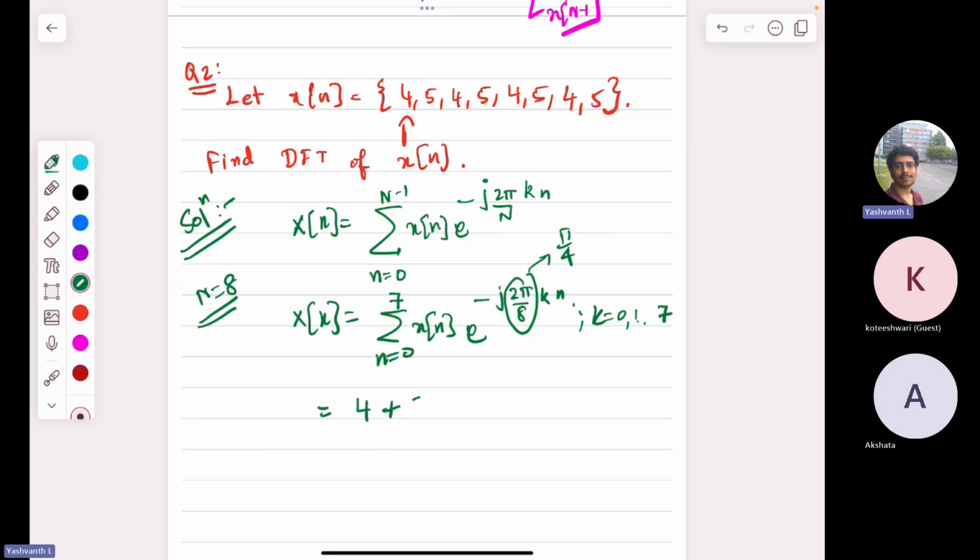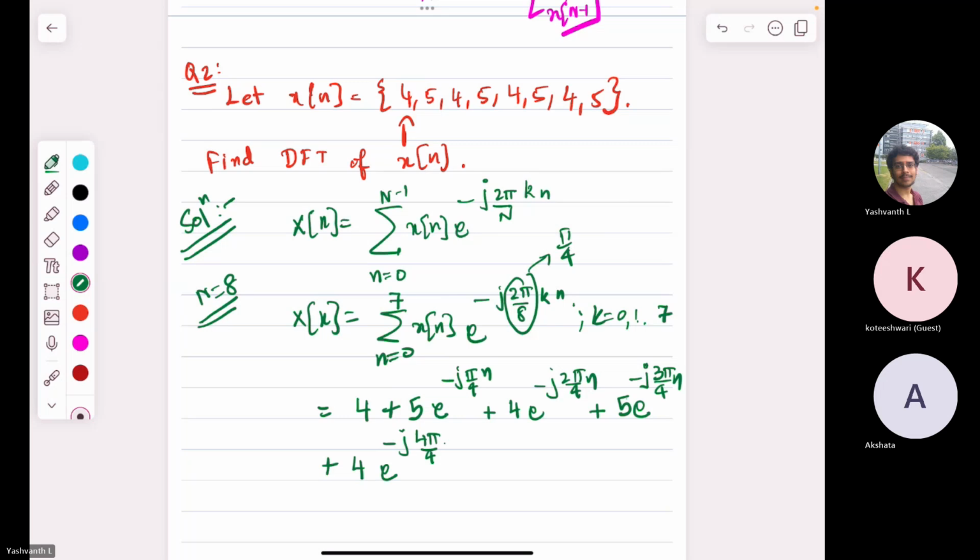Next term is 5 into e power minus j pi by 4n. Next term is 4 into e power minus j 2 pi by 4n. And next term is 5 into e power minus j 3 pi by 4n. Next, plus 4 into e power minus j 4 pi by 4n.